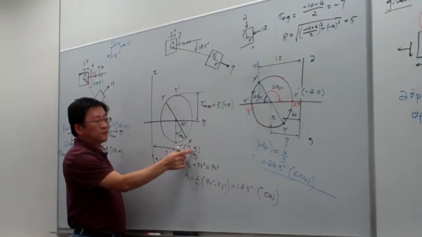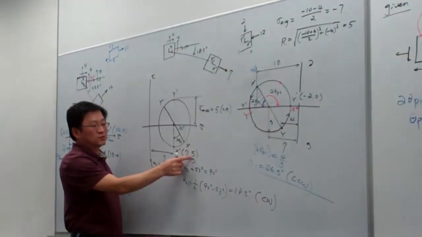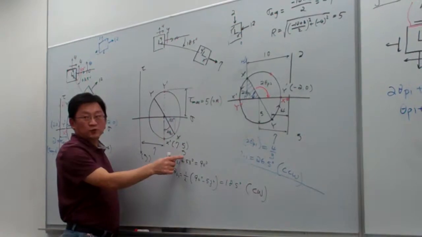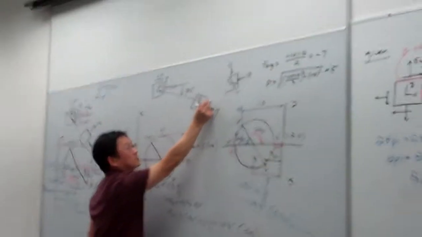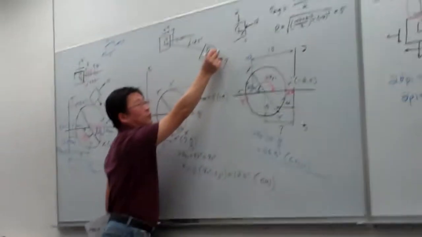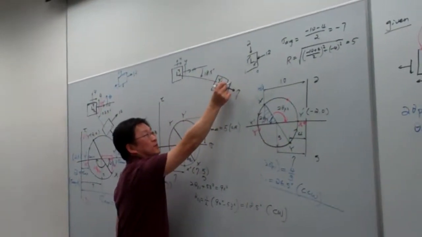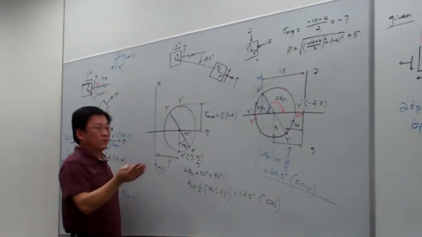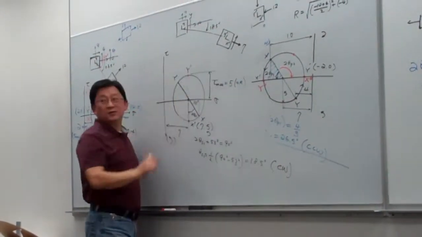The 5 is the shear stress. The shear stress on this plane, which direction? Point up or point down? Pointing up. This is a very important step, mapping the information from the Mohr circle to the stress element.